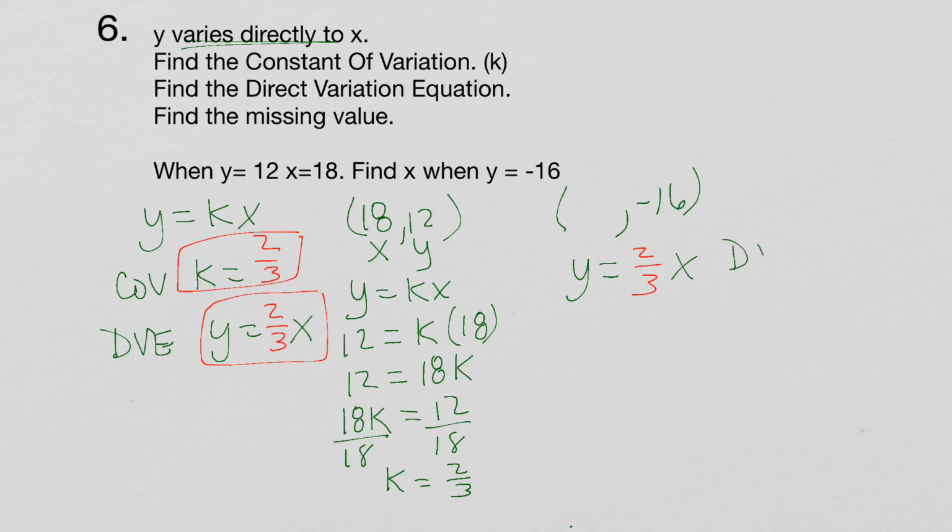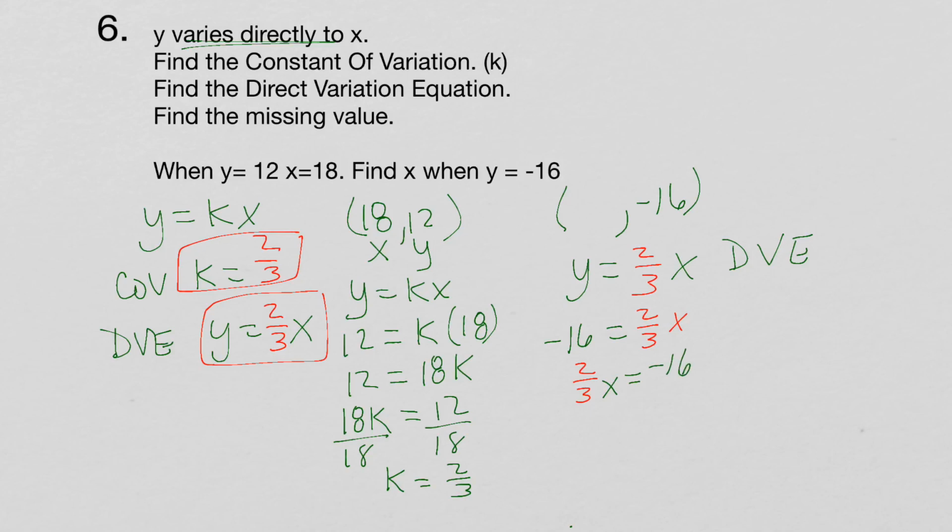I'm going to use my direct variation equation, and plug in negative 16 is equal to 2/3 x. Is the variable on the left? It's not. So I'm going to do 2/3 x is equal to negative 16.